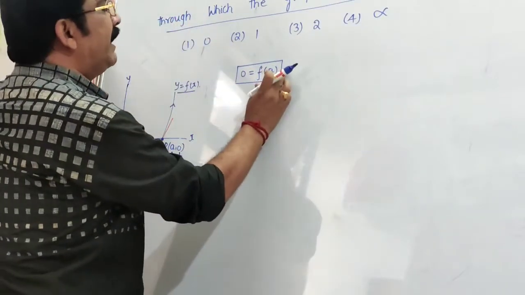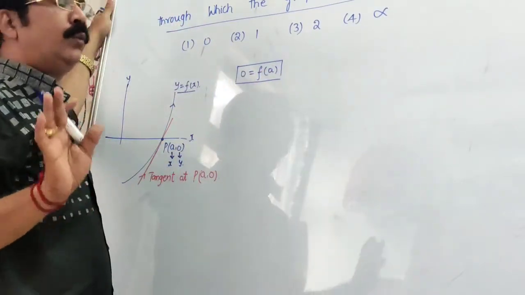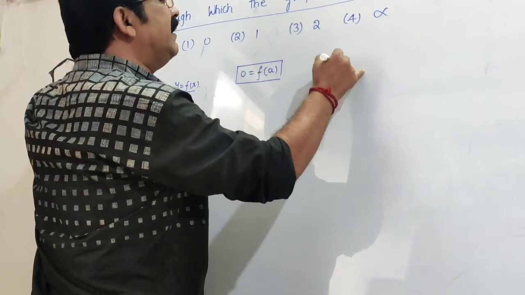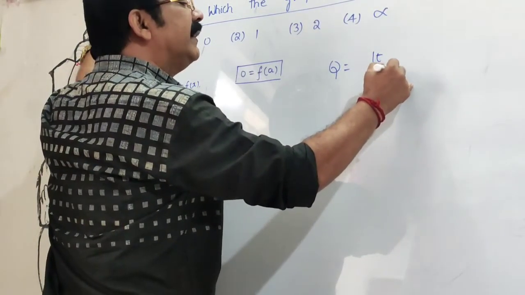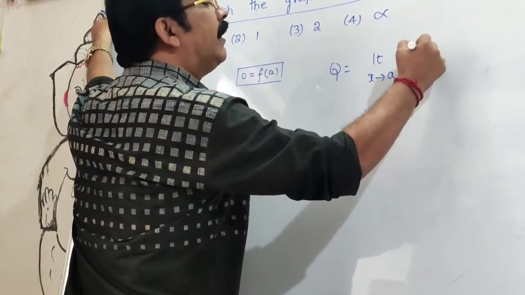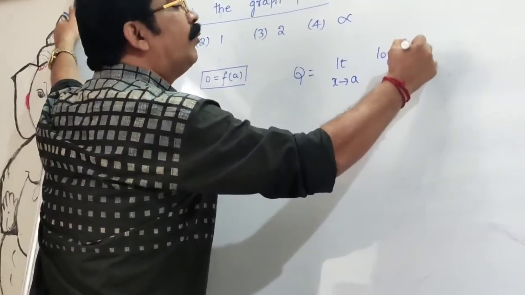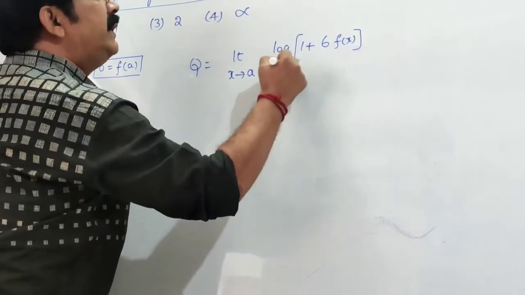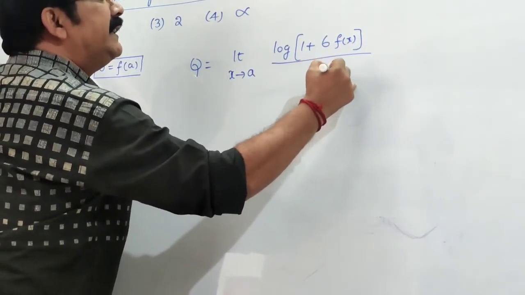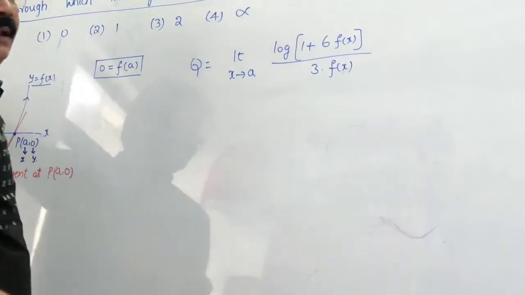Okay, f(a) value is 0. One minute. So the question is, what will be the limit as x tends to a of log(1 + 6 f(x)) divided by 3 f(x)?